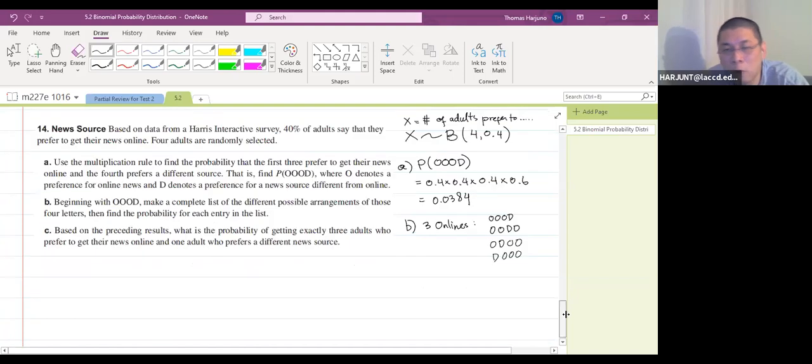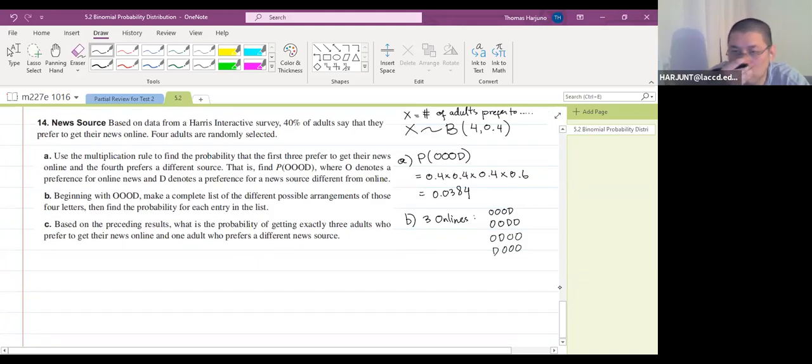There are actually 4 ways in total to get 3 onlines and 1 different source. Now, how do we know that there are 4 ways? It comes from 4 combination 3. That's how we get that 4.